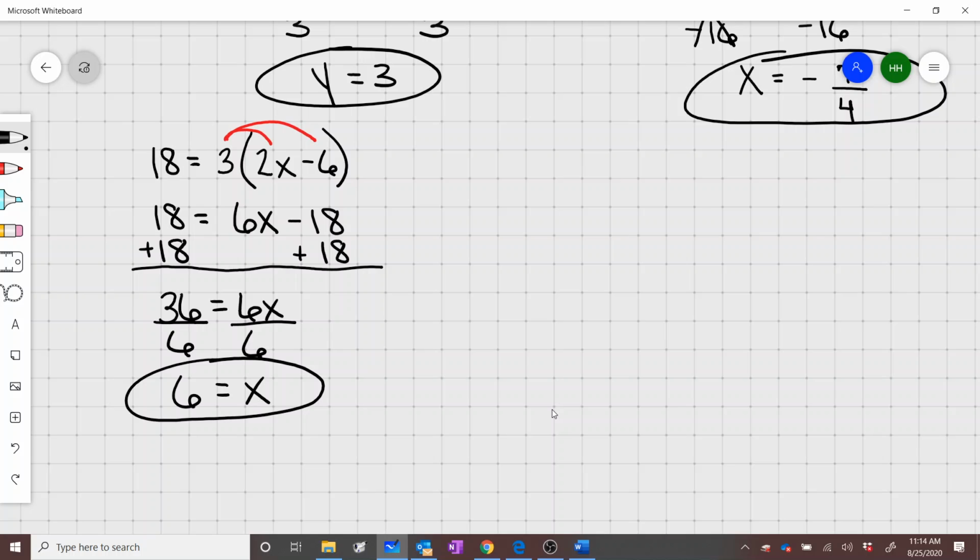So you guys alright with the distributive property? Alright, so combining like terms and the distributive property.